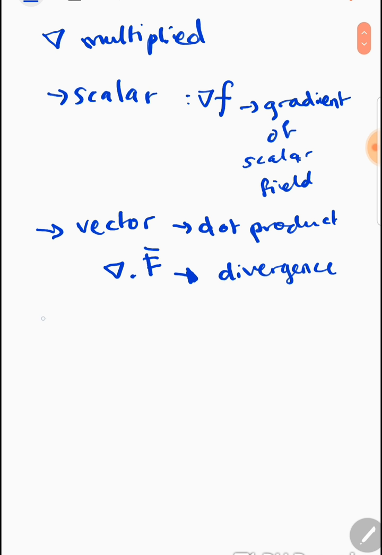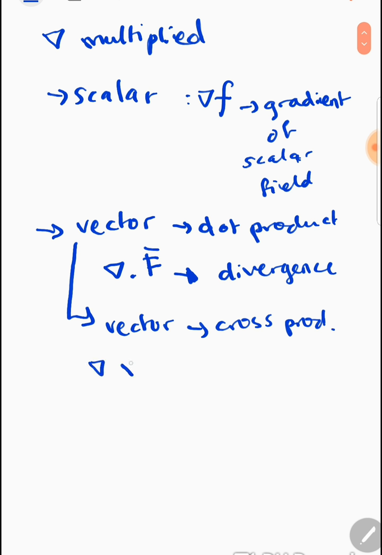Also, we have another one where you have nabla multiplied by a vector, but instead of the dot product, we're using the cross product. The denotation will go with this x here being the cross product, and this is actually the curl of our function f.